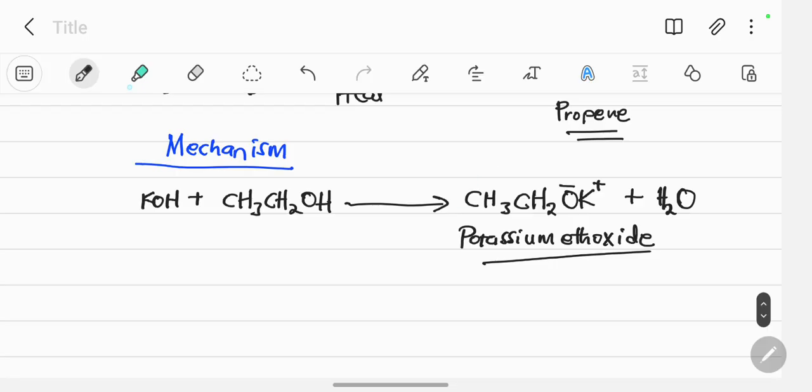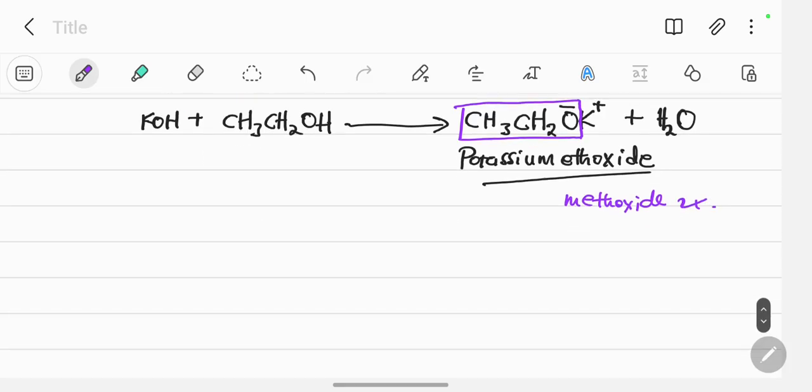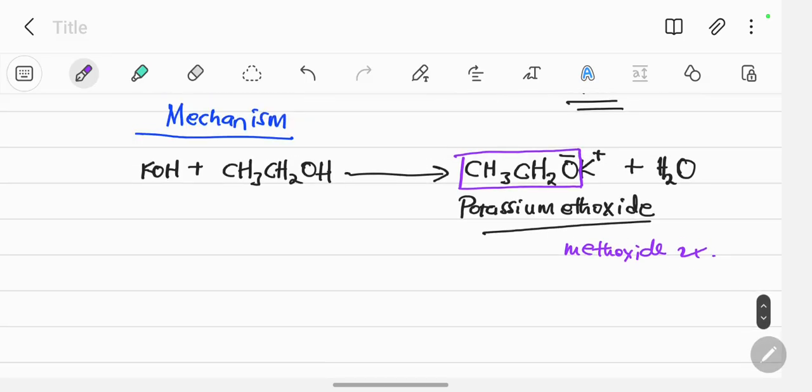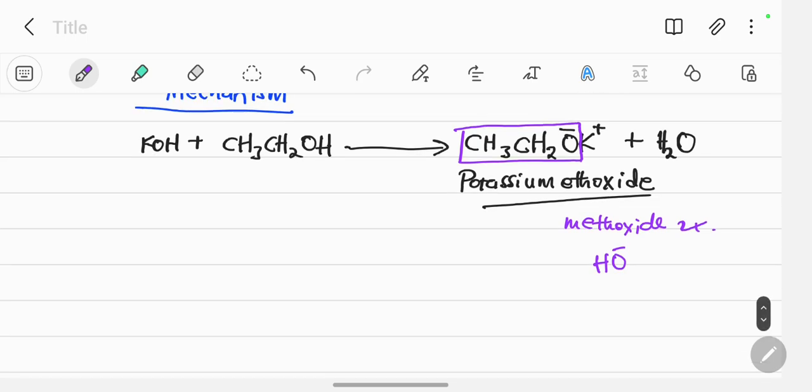The ethoxide is this. That's the ethoxide ion. So we have methoxide, and there are very many. You can generate it from the hydroxide. Hydroxide is HO⁻, then methoxide, then ethoxide, like that.